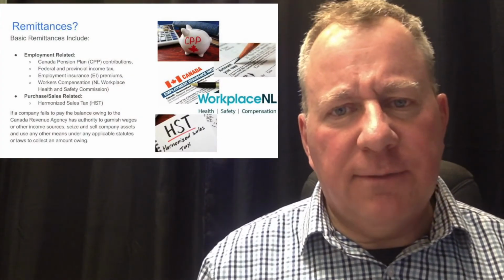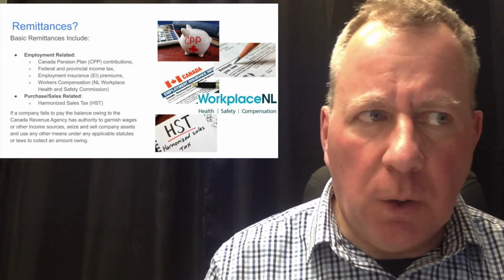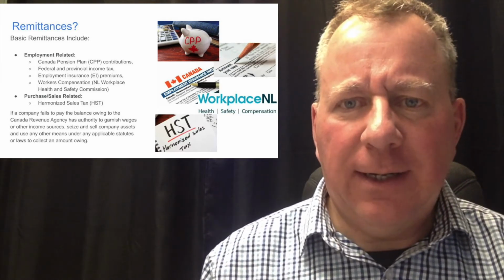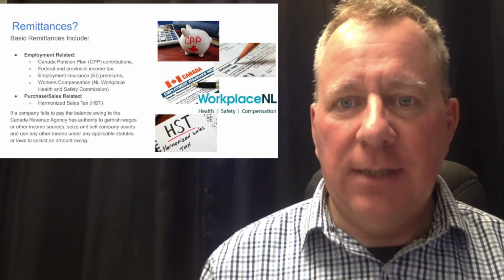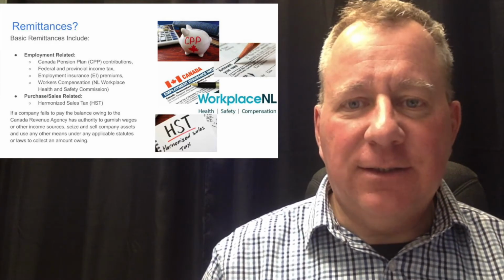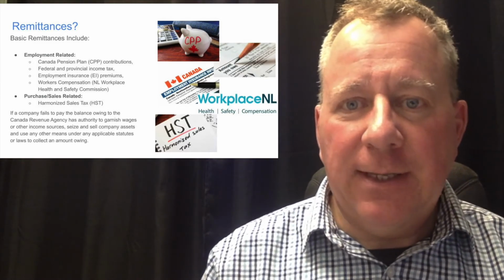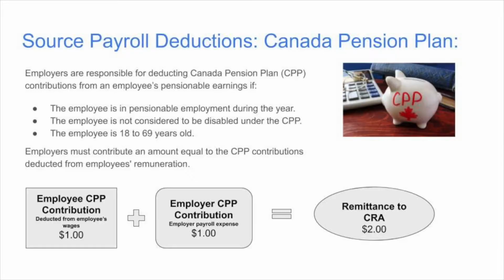Now, in terms of what you need to send to them or how you figure out how much you owe, you've got to think about what are some of the basic things that employers need to collect. Well, first of all, there's something called the Canada Pension Plan. The Canada Pension Plan is set up by the government, and employees pay into it and employers pay into it.